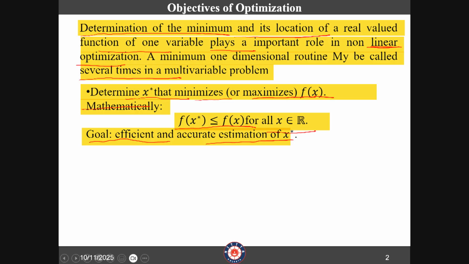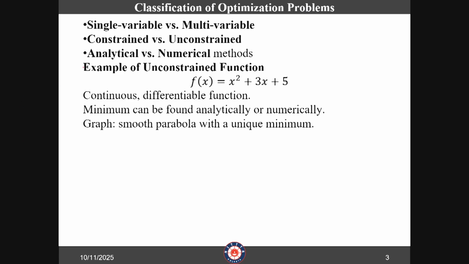Let me give you a mathematical example so that it becomes clear. Another classification is single variable or multivariable, constrained or unconstrained functions, analytical methods or numerical methods for optimization.